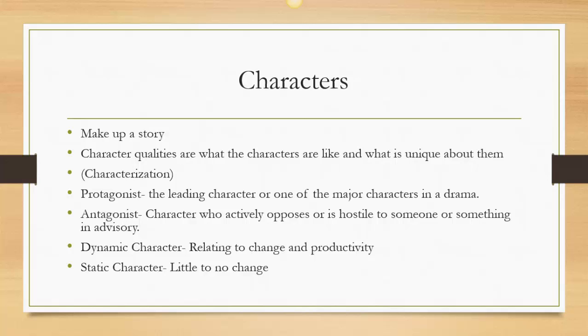Now, in a story, characters are usually described as a protagonist and an antagonist. The protagonist is a leading character or one of the major characters in a drama, which is also referred to as the good guy. The antagonist is the character who actively opposes or is hostile to someone or something, an adversary. And that's usually the bad guy.